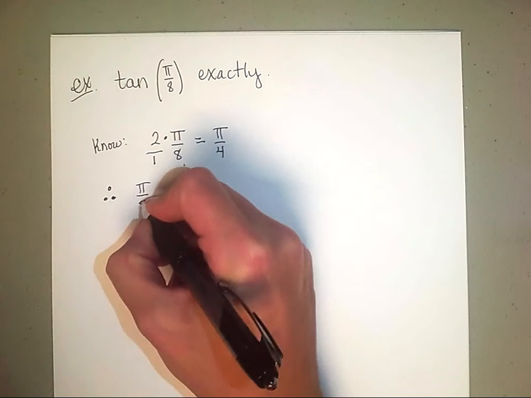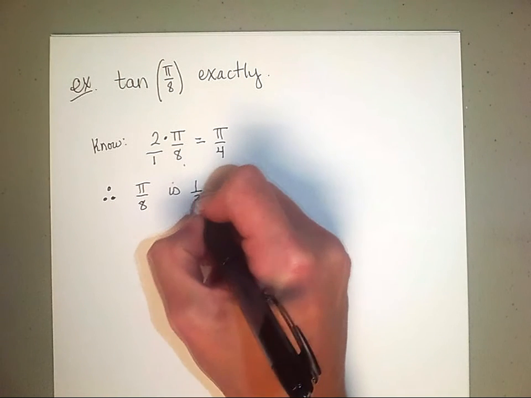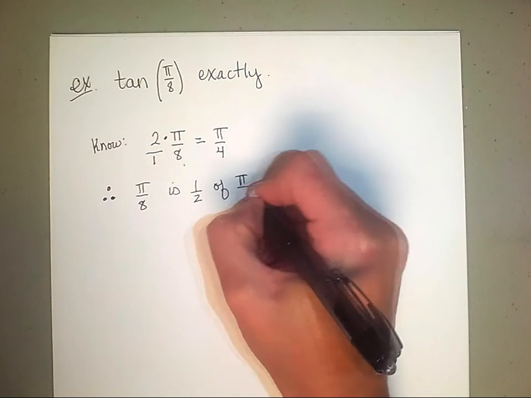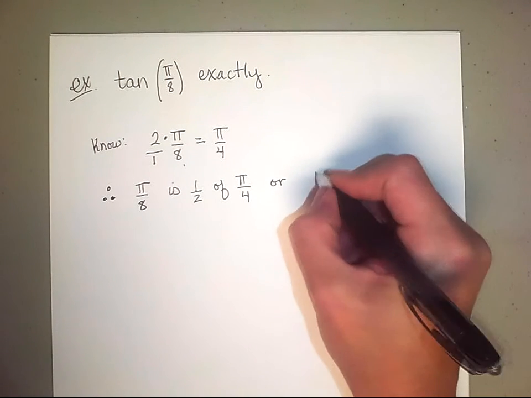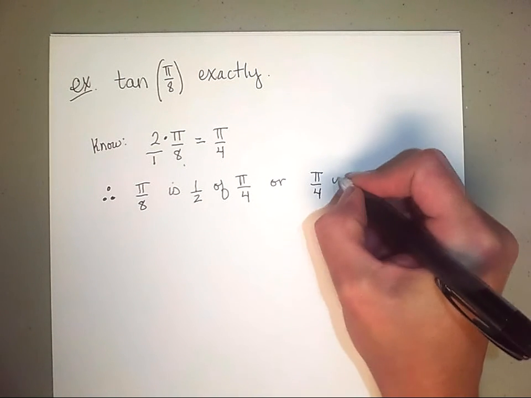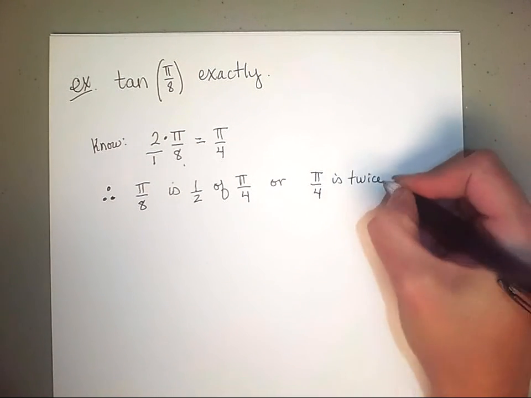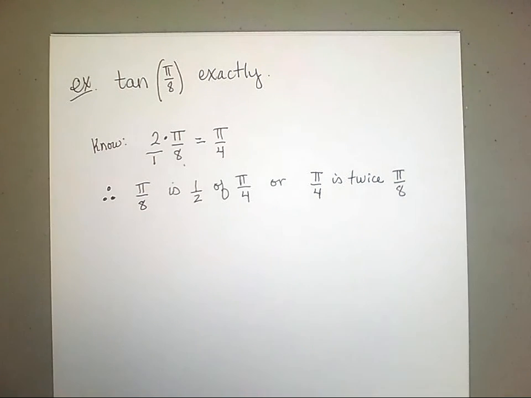That is that pi over 8 is half of pi over 4. Or you can think, well, pi over 4 is twice pi over 8. So if you're finding this half or twice relationship, you should be thinking about this half angle formula. Okay.